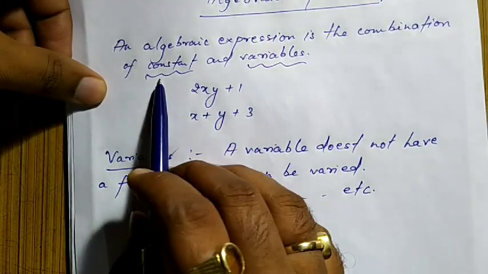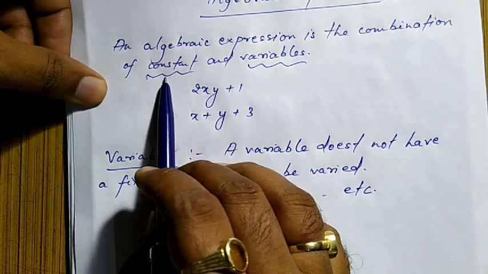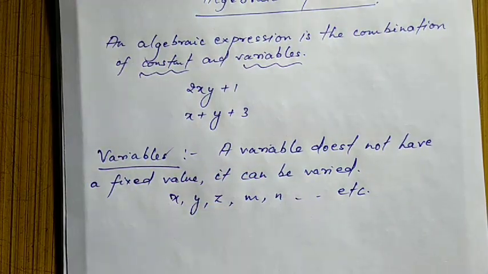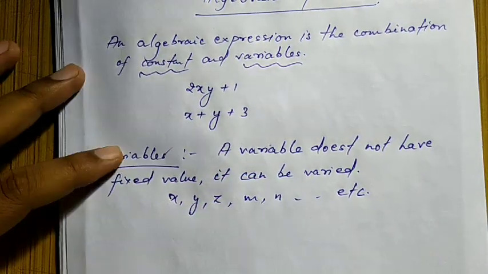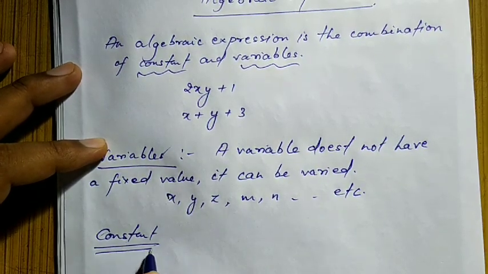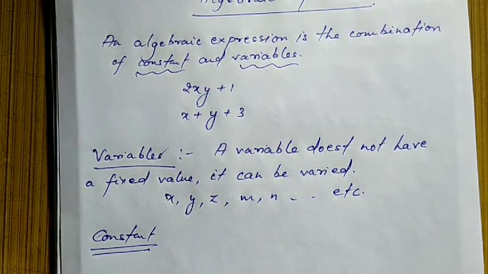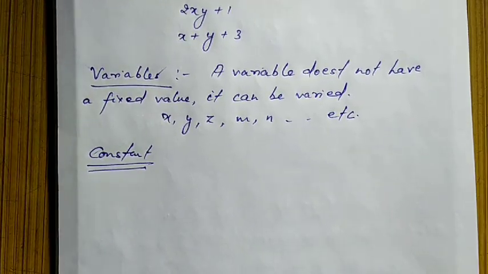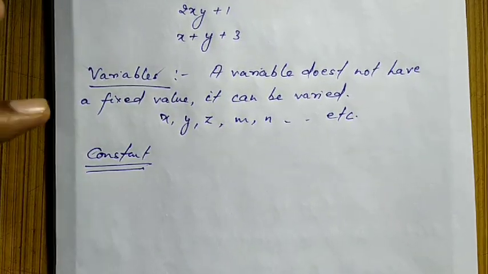And the second term is constant. So what is constant? Constant means its value is fixed. The constant cannot vary.